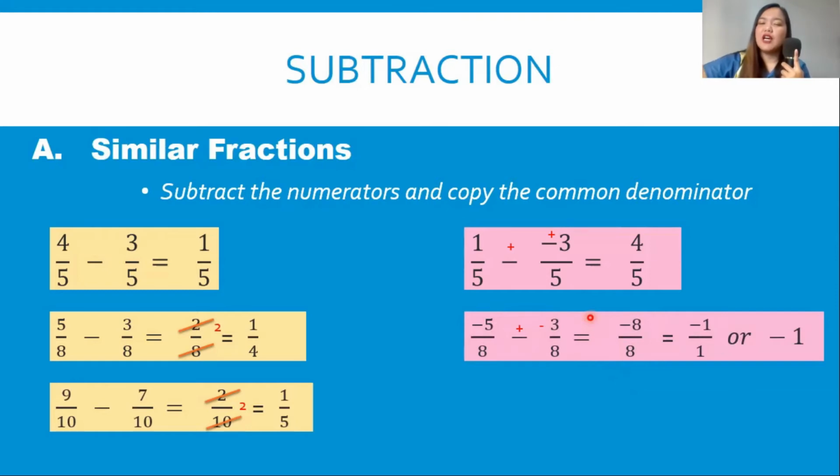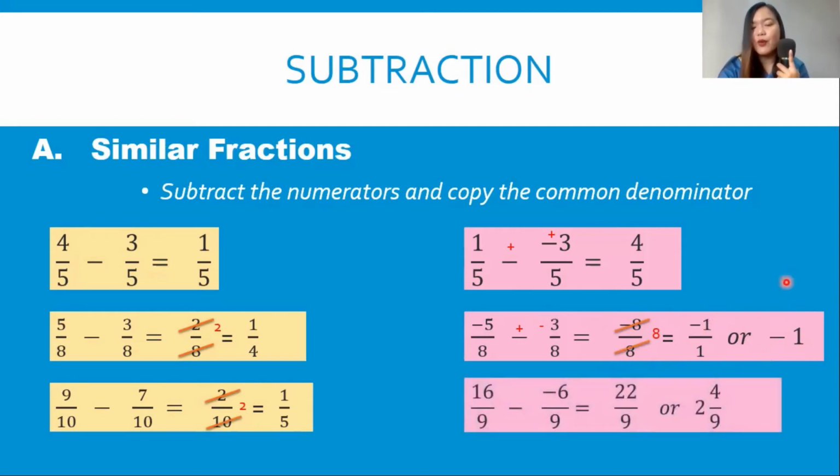So you have negative 5 plus negative 3, you have negative 8. And then copy the common denominator, which is 8. And divide both again by their GCF, which is 8. So negative 8 divided by 8 is negative 1, and 8 divided by 8 is positive 1, or simply negative 1.